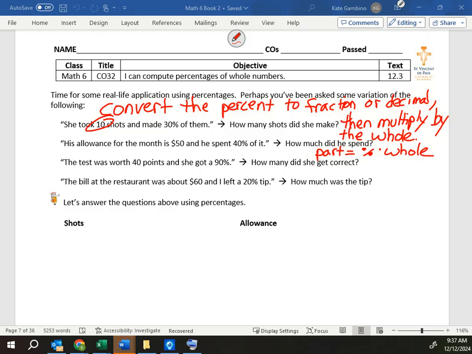When it tells us 30% of 10, here's our percent, here's our whole. We multiply them together to find that part. What was the part?